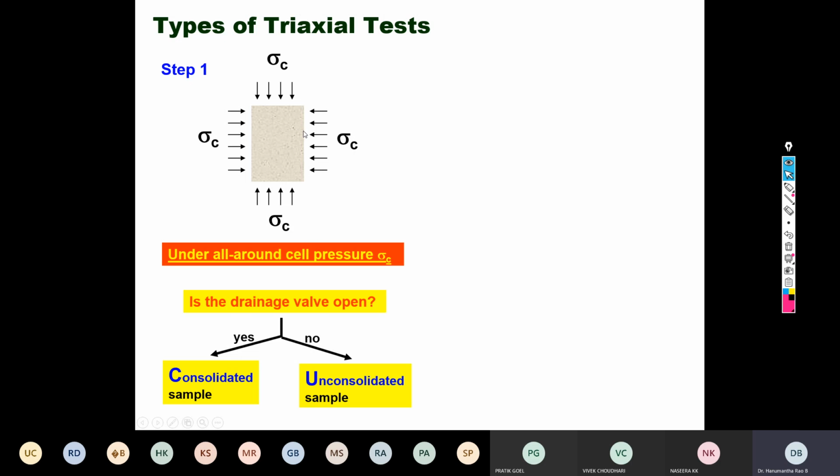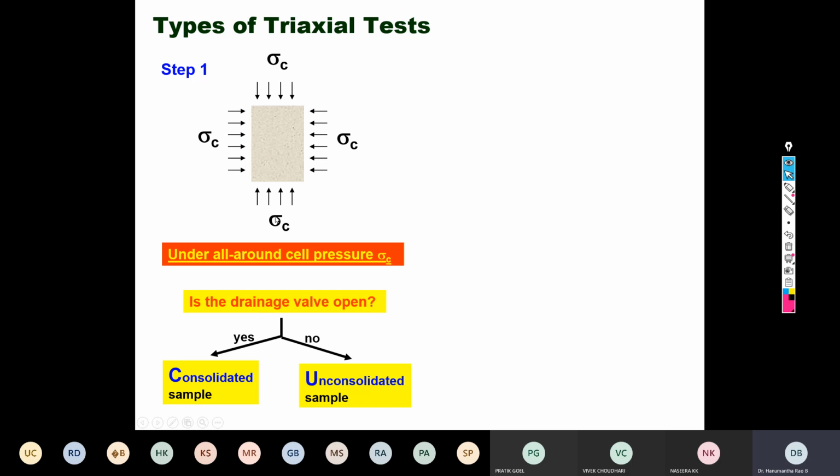Now after applying the confining pressure, depending upon whether you open the valve or close the valve, we can allow the soil samples to consolidate or not consolidate. If you open the valve, then the soil sample undergoes consolidation because of the expulsion of water. If you do not open the valve, then the soil sample will not undergo consolidation.